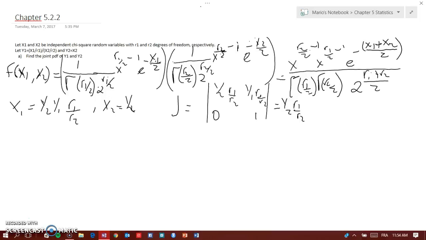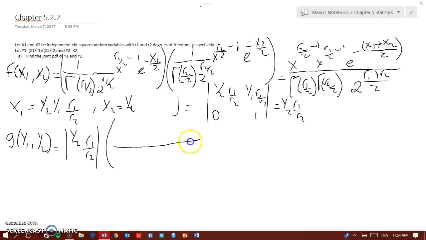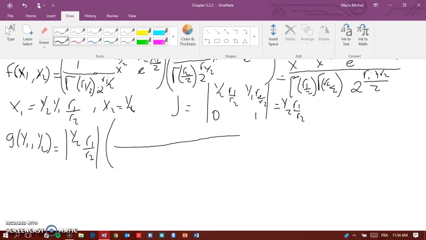So now we can use that to find g of y1, y2. So g of y1, y2 would be equal to the absolute value of y2 R1 over R2, times, okay, let's find out, I'm going to start from the bottom.